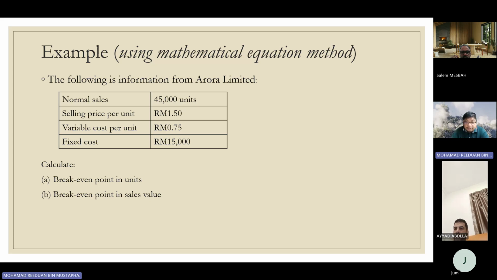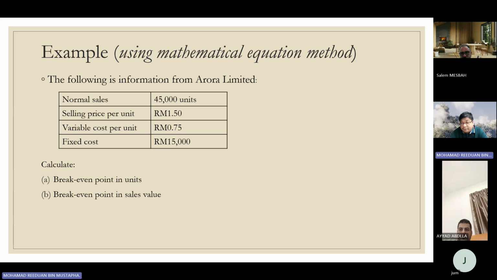Then how much do you get? 20,000 per unit. So the break-even point is 20,000 units.